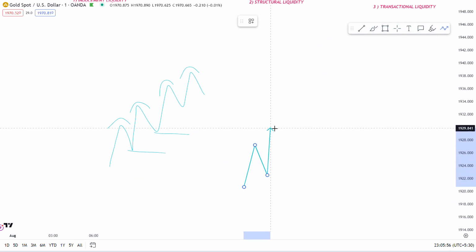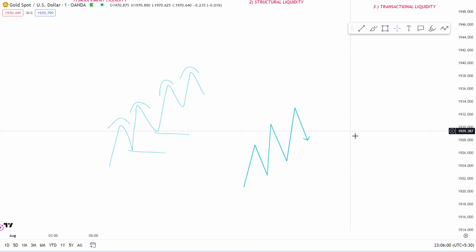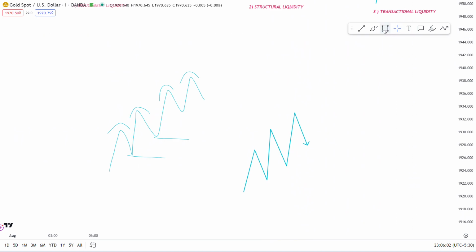When the market is moving in an uptrend, use common sense about where the majority of people have their stop losses. This is where the majority of people buy, and they will have their buy order here and their stop loss here, because this is the order block. So we know that the liquidity is resting here.